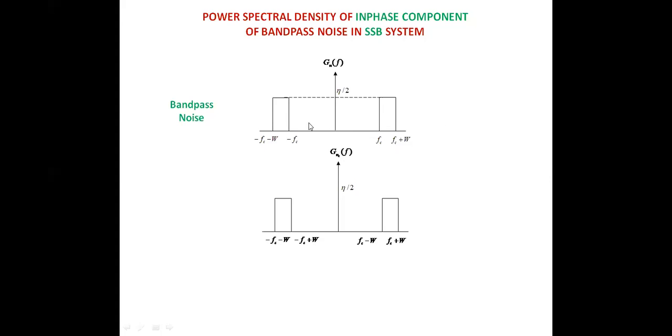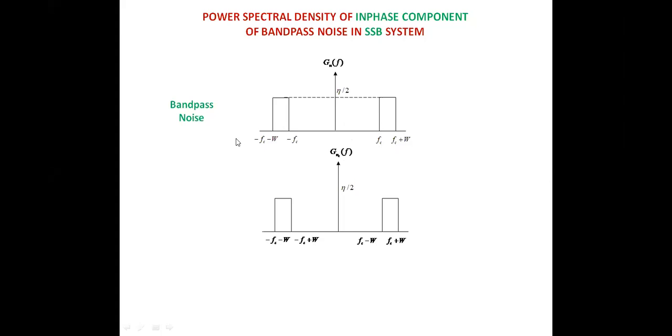When it is shifted to the left, what will happen? See, this portion will come to the center. When you are shifting, how much are you going to shift? You have to shift it by an amount of Fc hertz. When it is shifted to the left by Fc, this Fc will coincide with 0. So this band will be ranging from 0 to W, isn't it? And what about this?